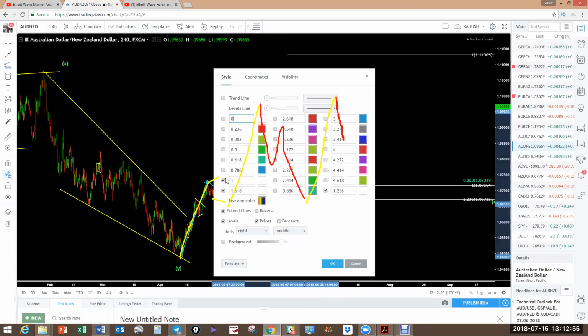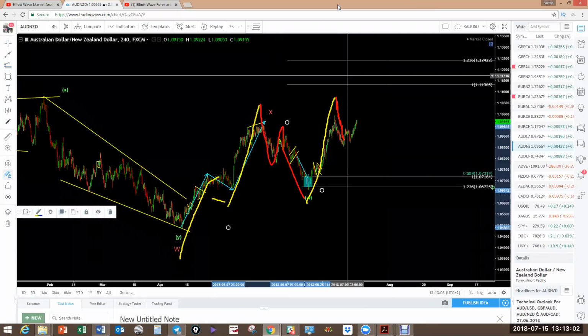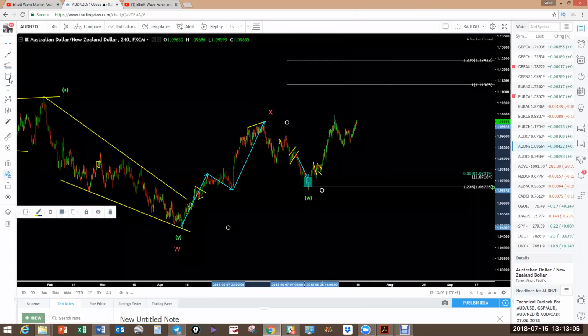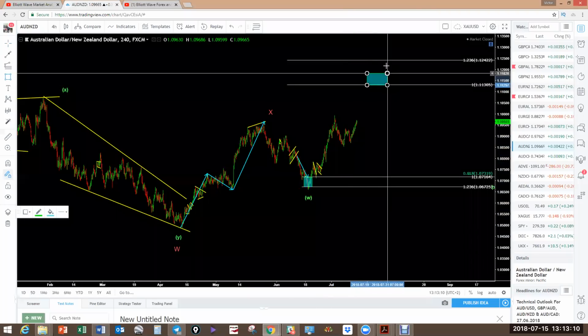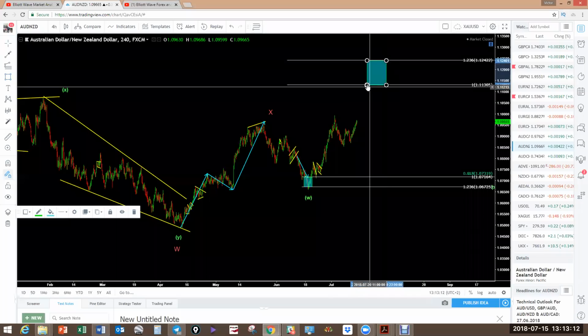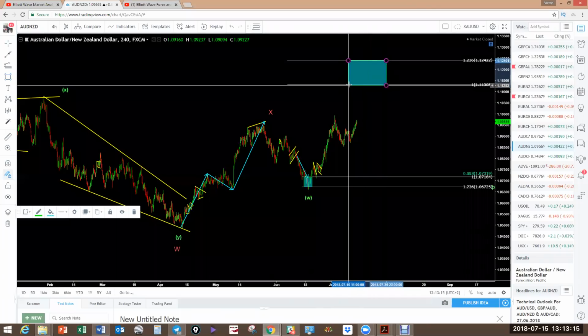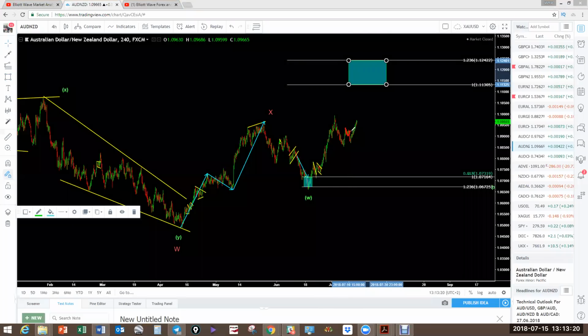You'll be looking for this to come to this level minimum. But you cannot just rush into it. If you wanted to get into this one, you should have entered when it made this corrective structure. But if it makes another one for you here, you can take it, almost guaranteed to that level.